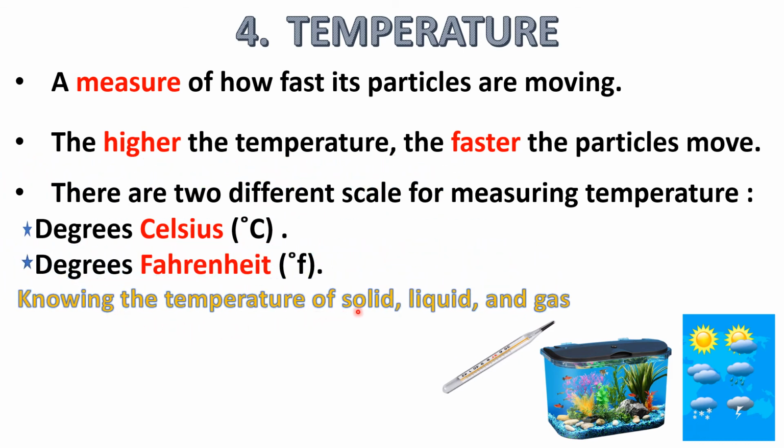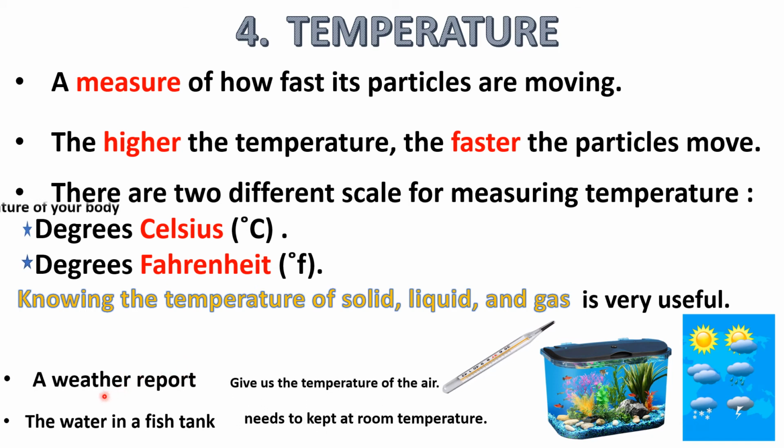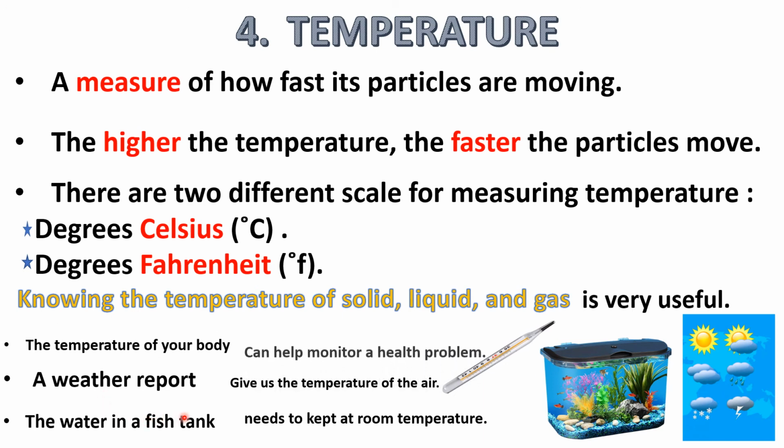Knowing the temperature of solids, liquids, and gases is very useful. The water in a fish tank needs to be kept at room temperature. A weather report gives us the temperature of the air. The temperature of your body can help monitor a health problem.